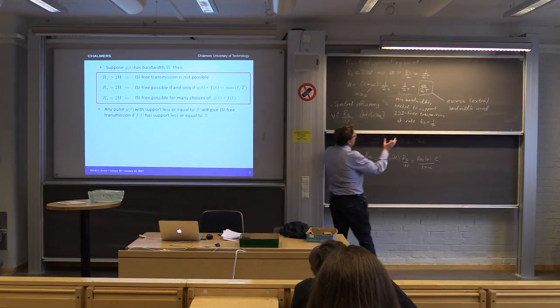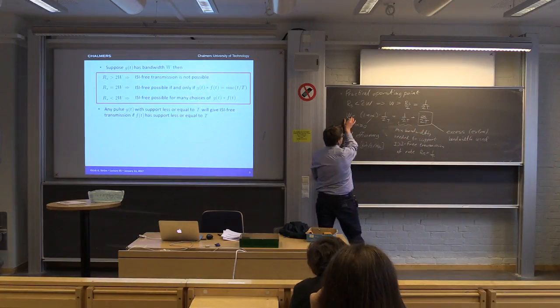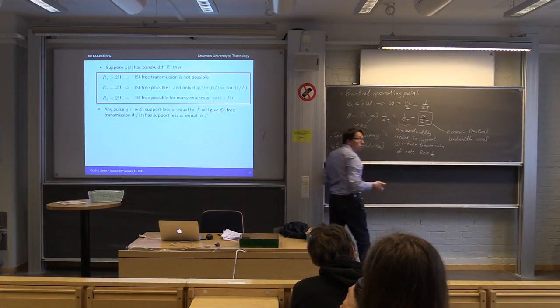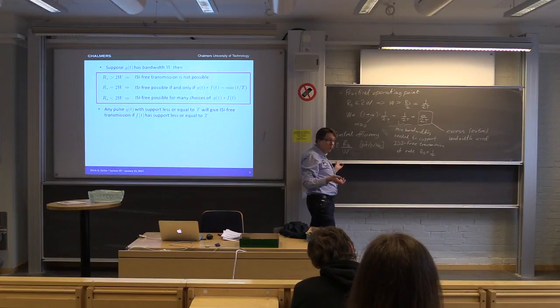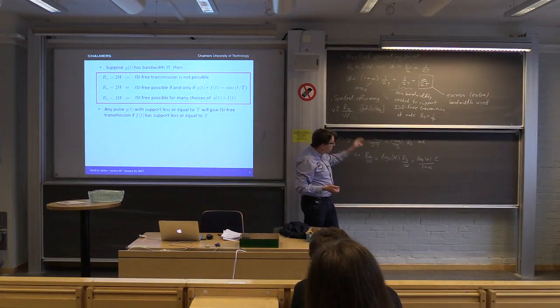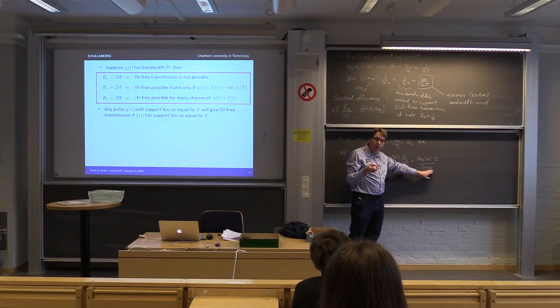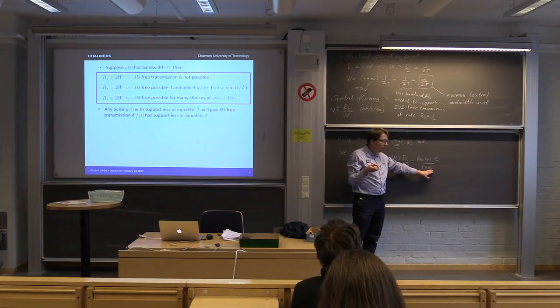If we put in alpha equals 0, the bandwidth is 1 over 2T, so twice the symbol rate divided by 2. In all practical cases, we need alpha a little bit greater than 0, but we don't want to make it too large, because then it will hurt us in spectral efficiency.